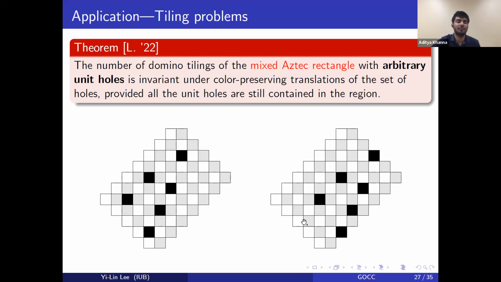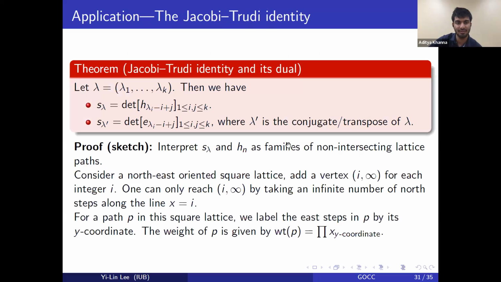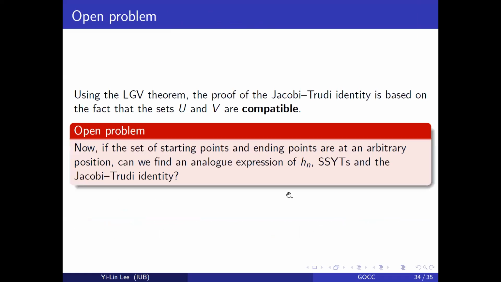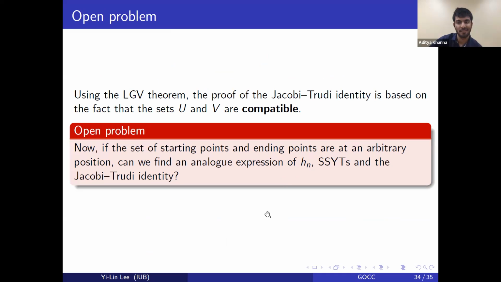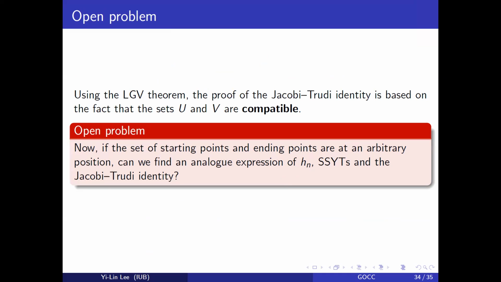I just wanted to ask, for the final open problem, have you played around with it? Do you have any idea what it could be? Is it even a Schur function on the left side? Okay, I think I did a little. I did some small examples like for n equals 2, and even worked on the square lattice, and the thing we get is not even symmetric, I think.